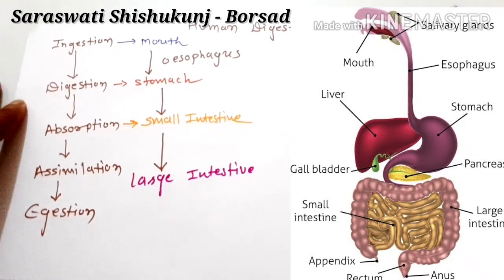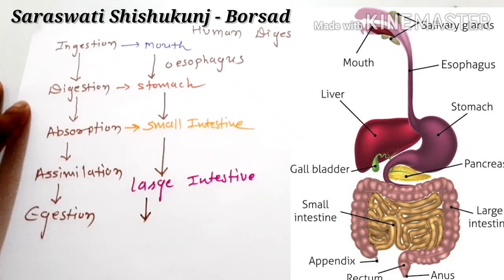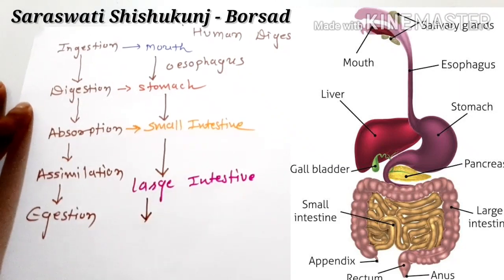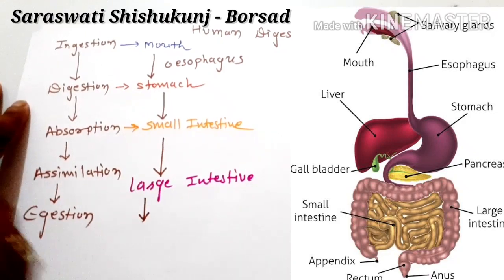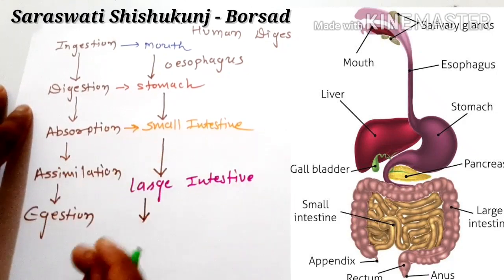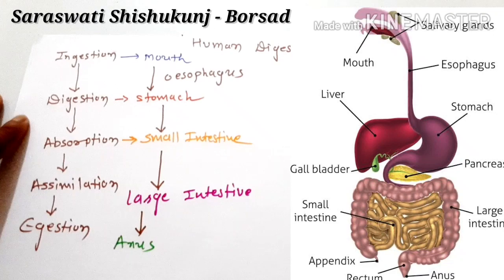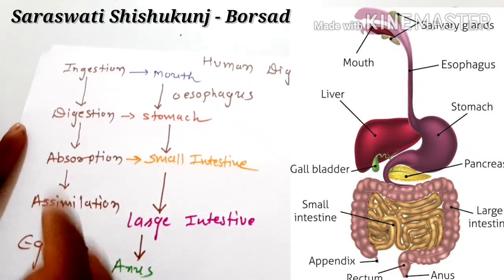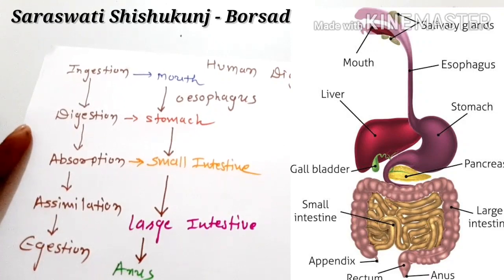And after the large intestine we have the last step, egestion, by which the unnecessary, harmful substances which are present are released from the body by the anus. Right. So simple. In amoeba also we understood the steps. In humans also we are going to understand it with simple steps.